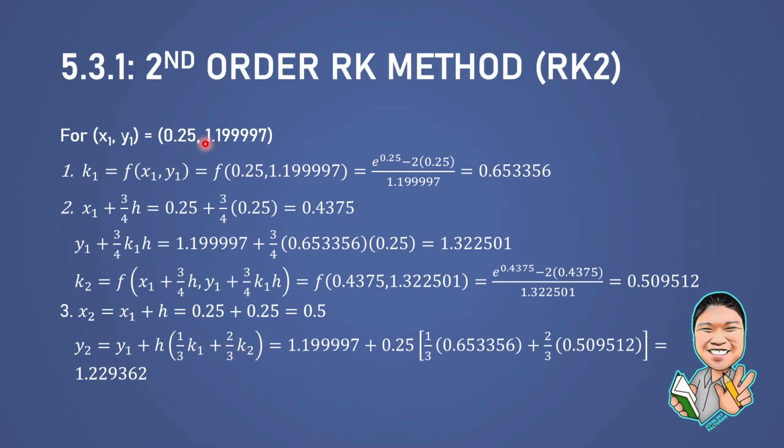So, in that case, yung y1 natin is 1.199997 plus 0.25 times 1/3 ng yung k1 from step 1, 0.653356, and yung k2 from step 2, 0.509512. Just use your calculator, and ang ma-obtain nyo ng bagong value ng y sub 2 is ito, 1.229362.